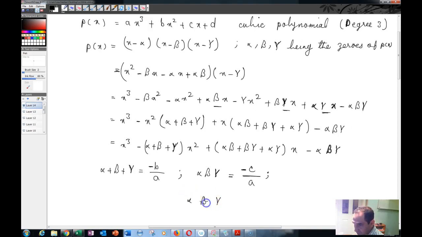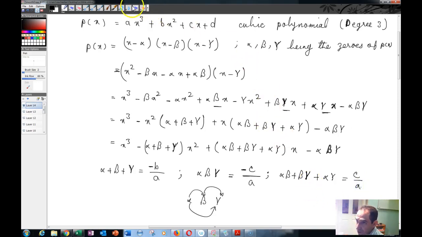So it's alpha beta plus beta gamma plus alpha gamma, which is equal to C divided by A.